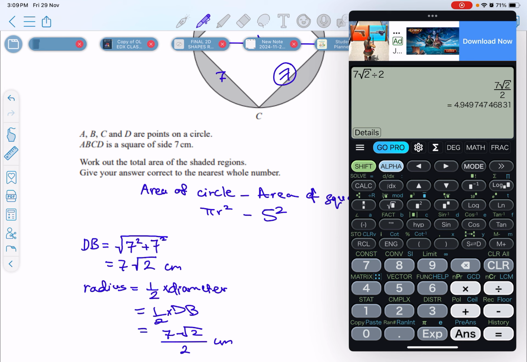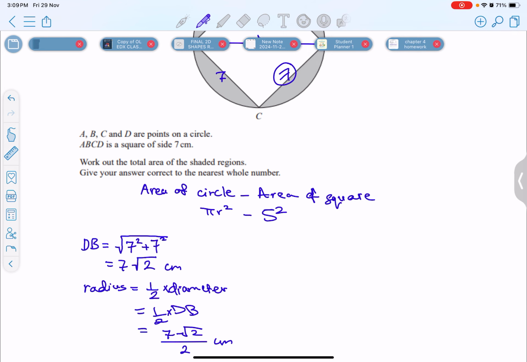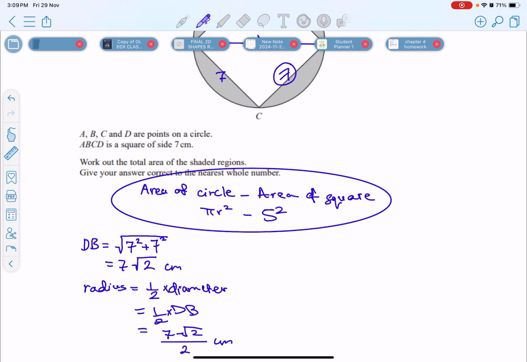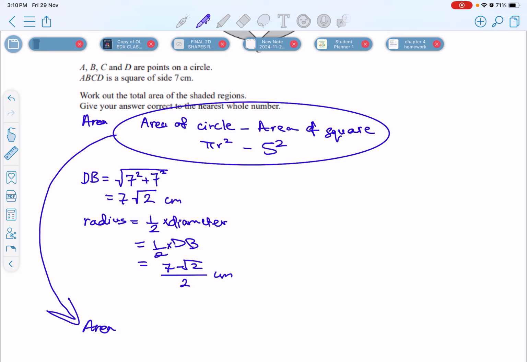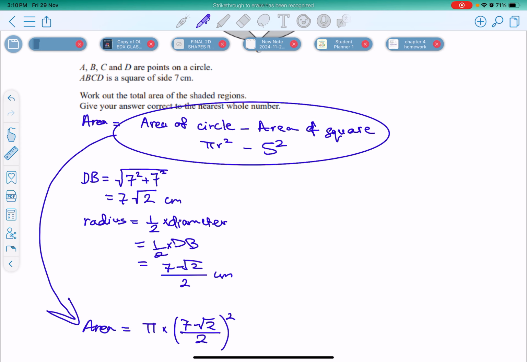This is the radius. Okay, so here let's return back to the parent equation, which we're going to use. The area will equal the area of the circle, which is pi times 7 root 2 all over 2 to the power of 2, minus s squared, which is 7 squared.